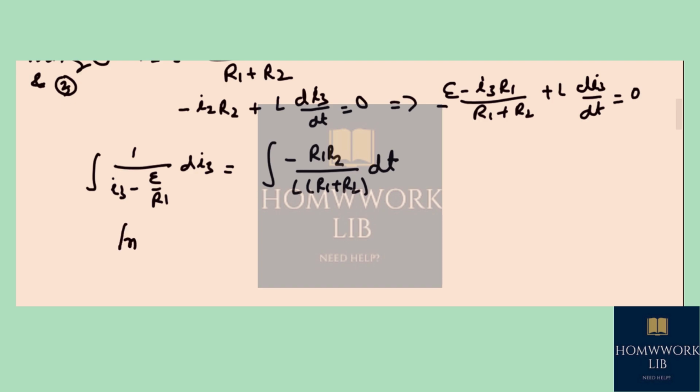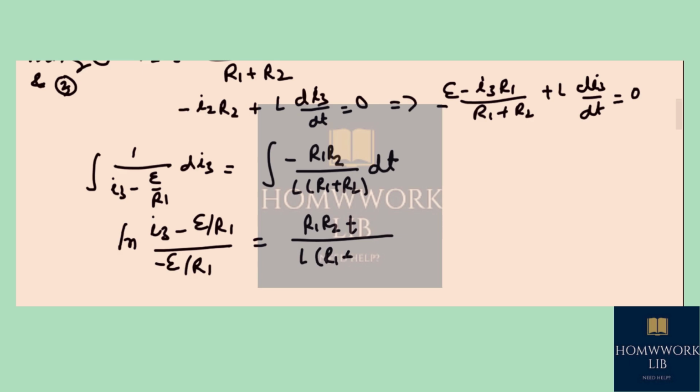Integrating, we will get ln of I3 minus E upon R1 upon minus EMF upon R1 is equal to R1 R2 into t upon L into R1 plus R2.